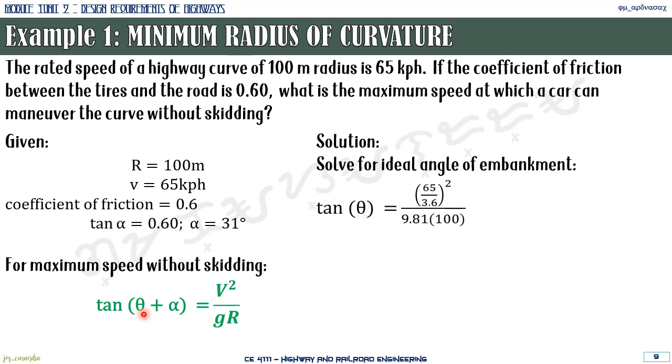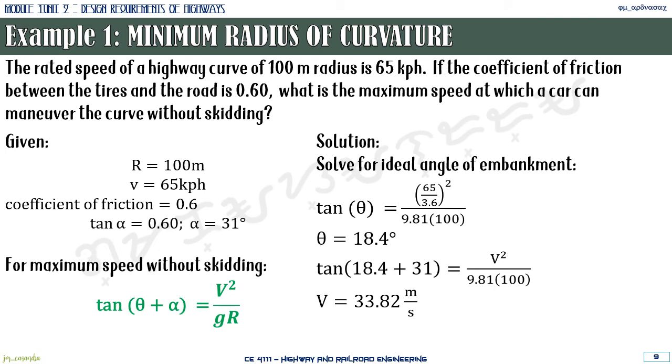When alpha is equal to 0, then tangent theta is equal to 65 divided by 3.6 squared, divided by 9.81 times 100, giving us a value of theta equal to 18.4 degrees. Substituting alpha and theta in the equation, we have tangent of 18.4 plus 31 is equal to the design speed or the maximum speed V squared divided by GR. So V is equal to 33.82 meters per second.